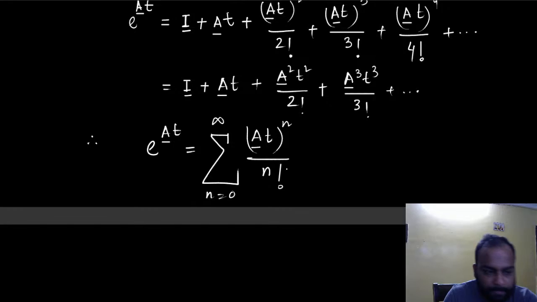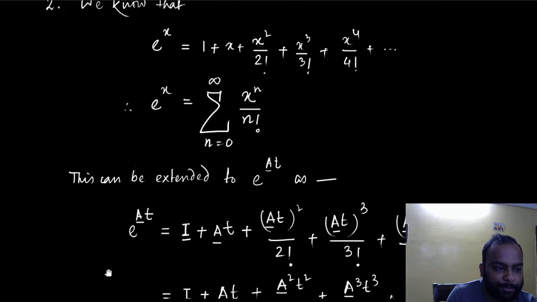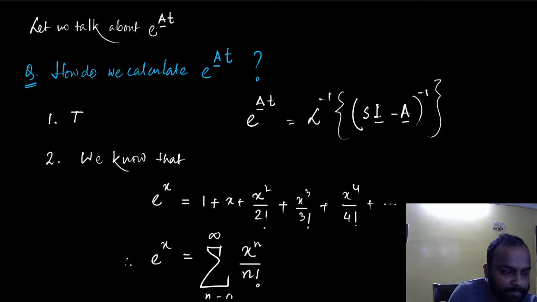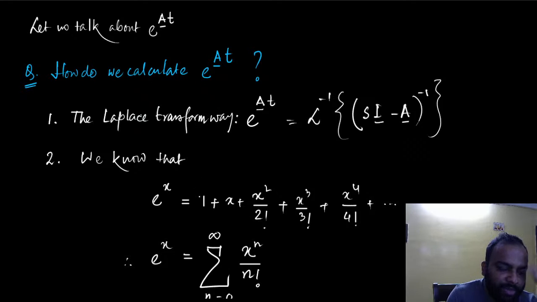Just exactly the same thing, right? So this is the exponential way of doing it. Okay, so that's the Laplace transform way. That's the Laplace transform way of calculating this. This is the exponential way.